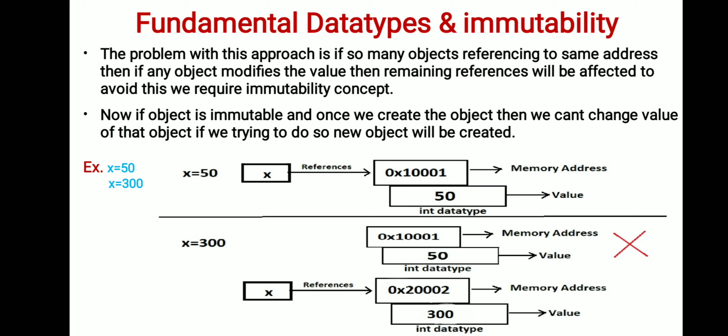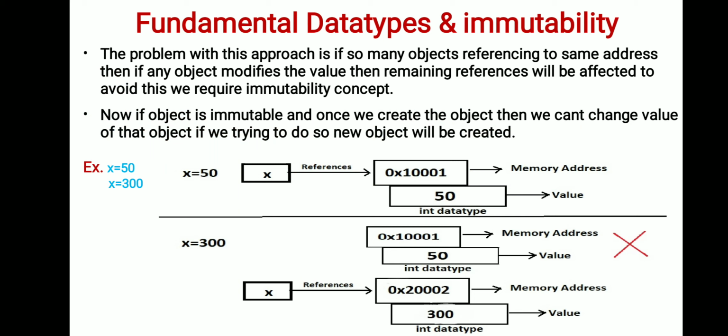Now if an object is immutable, once we create the object we can't change its value, and if we try to do so, a new object will be created. Now see the example of what happens when we try to modify an immutable object. See the example and diagram side by side.